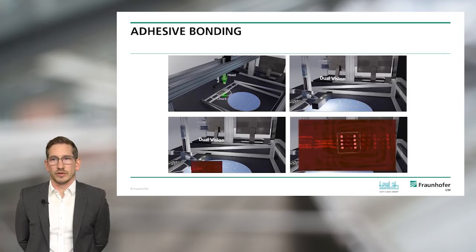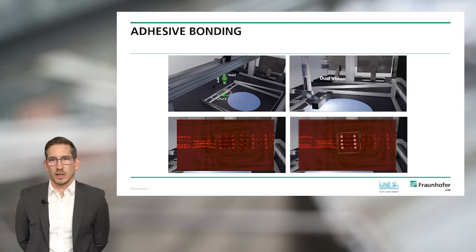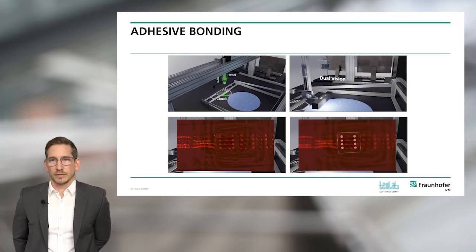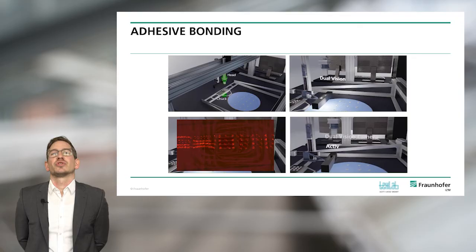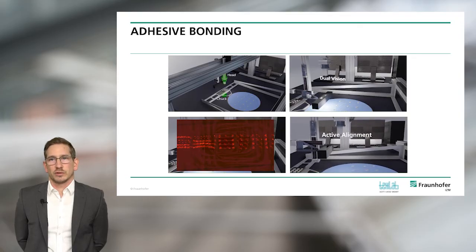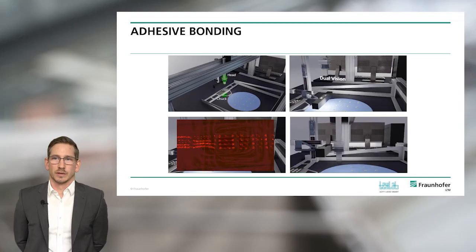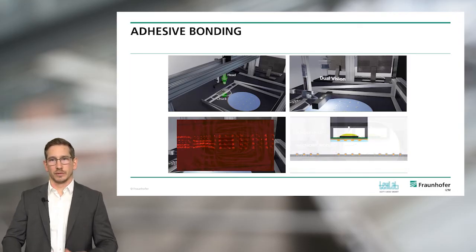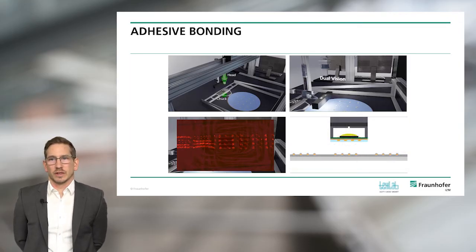And then a dual vision camera goes in between the bonding head where the module was picked up and the substrate itself. This camera looks at the contact pads of the electronic module and at the contact pads in the textile circuit at the same time, and we call it active alignment. Because textile substrates are not always accurately manufactured, you need to look at every module itself.